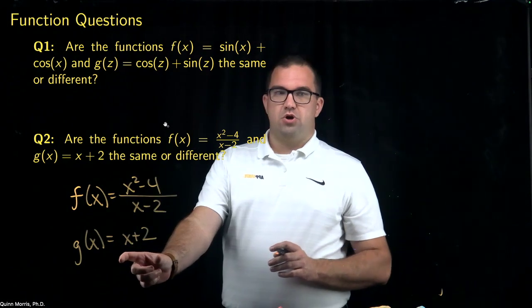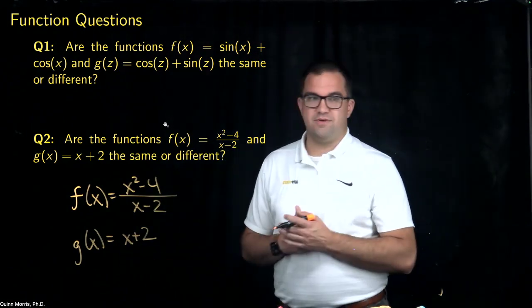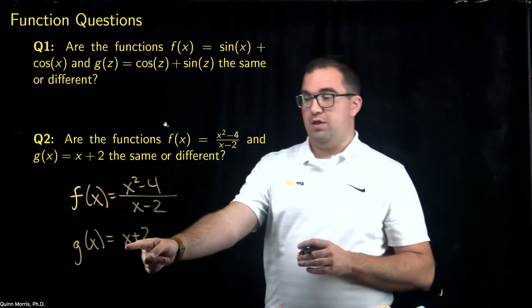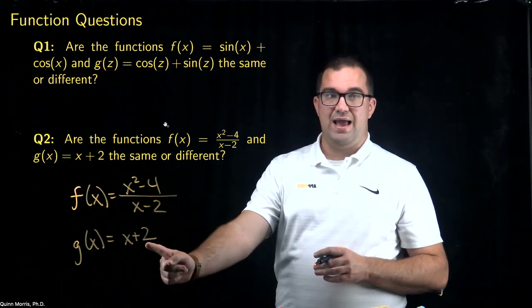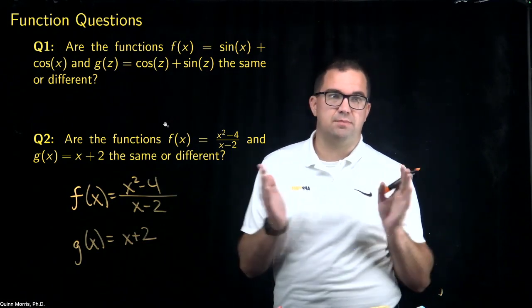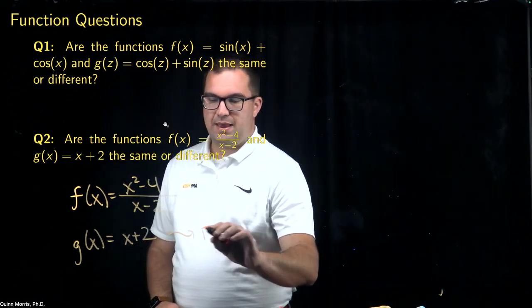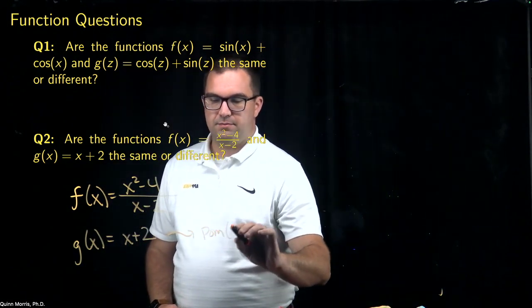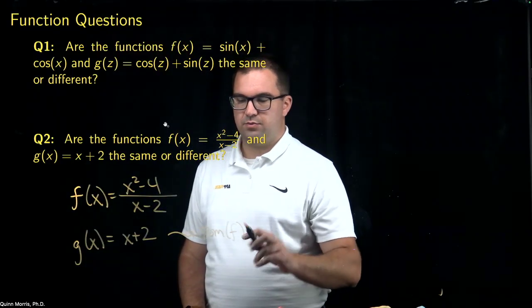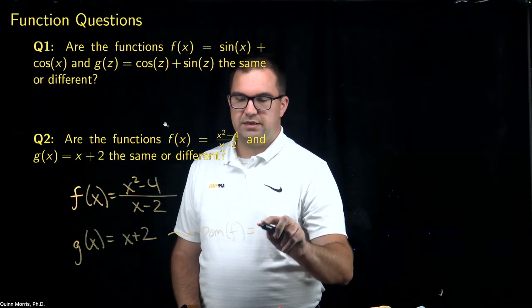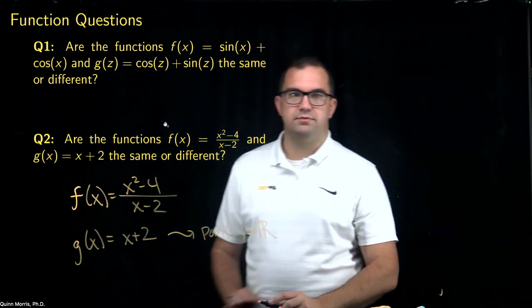Let's start with g of x because that's fairly straightforward. I can plug in any real value of x here and add 2 to it. That's something I can always do, right? So here, my domain, and by the way, we'll sometimes abbreviate domain this way, is the set of all real numbers.